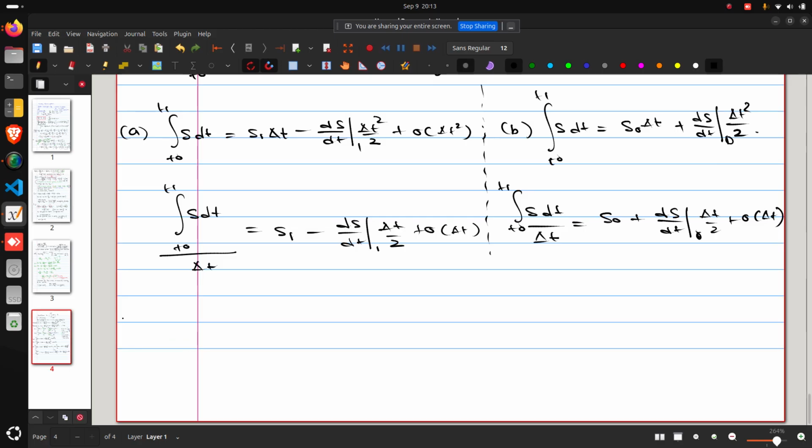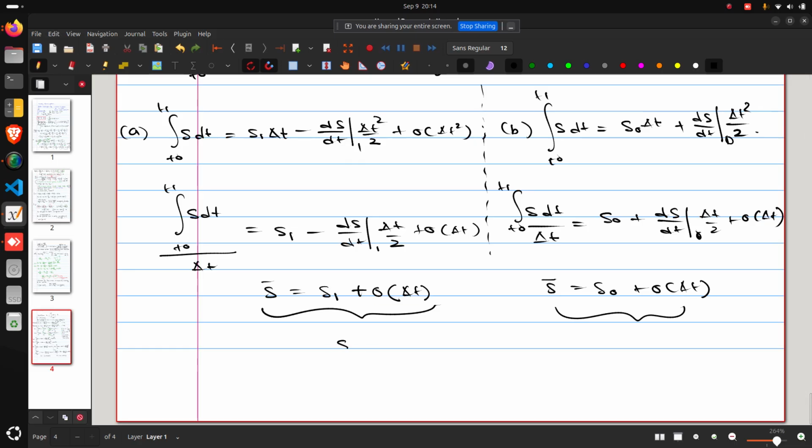So this is nothing but the s bar, right. So s bar is s1 plus order of delta t, and here s bar is equal to s naught plus order of delta t, right. So what does this remind you of?